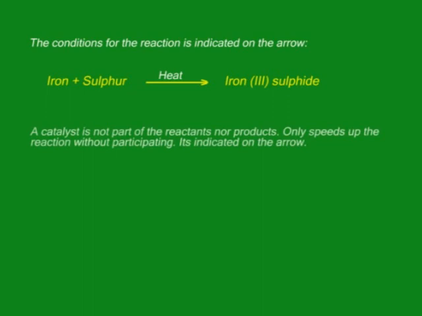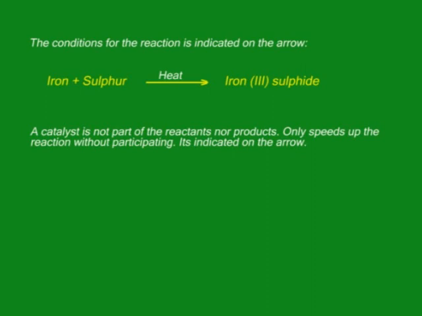If a catalyst is used in the reaction, it is not part of the reactant. A catalyst is a substance that is used to speed up the rate of a reaction without participating in the reaction. It is not changed. For instance, in the next chapter, we shall see the preparation of oxygen gas by decomposition of hydrogen peroxide.